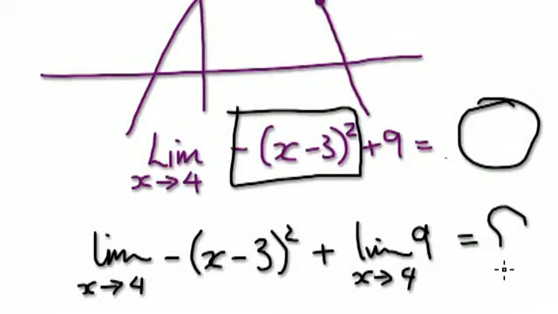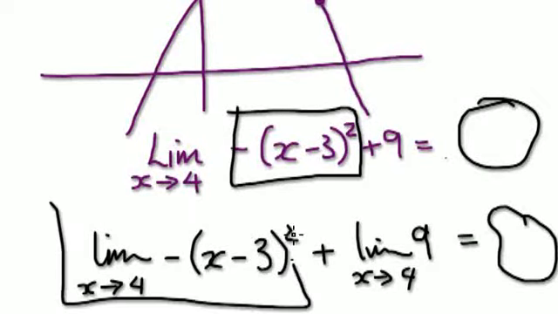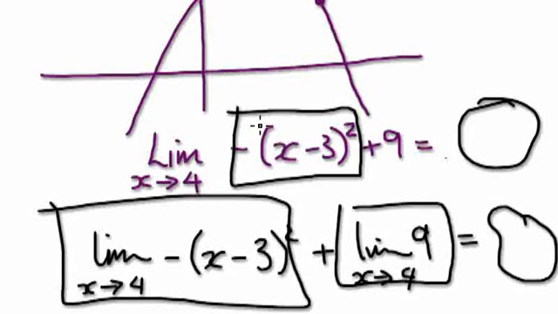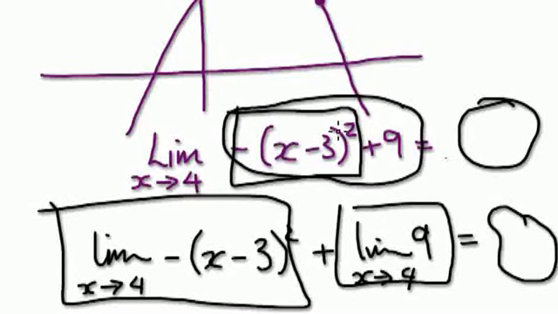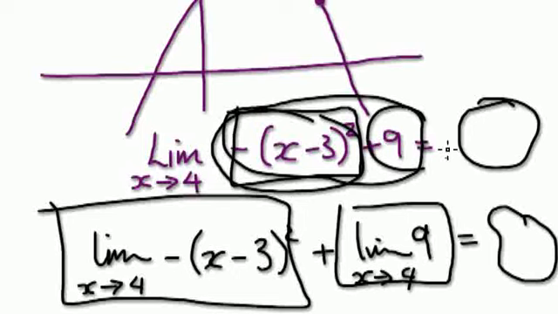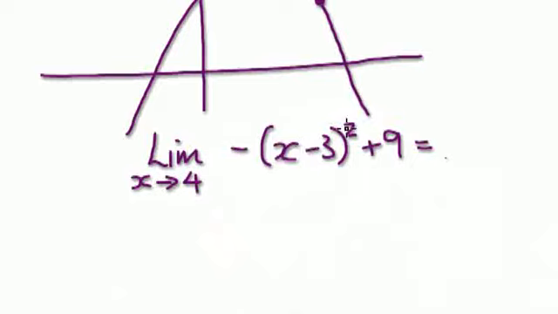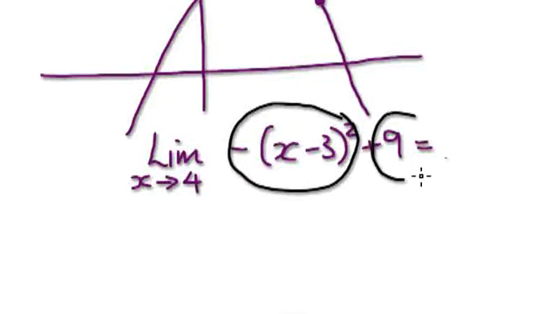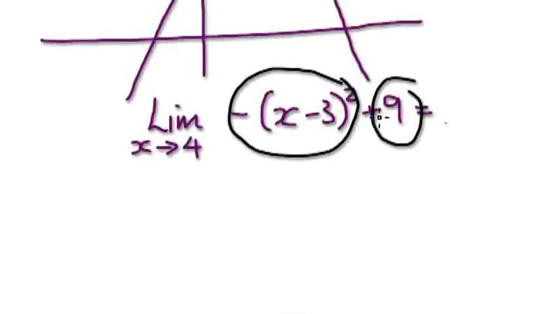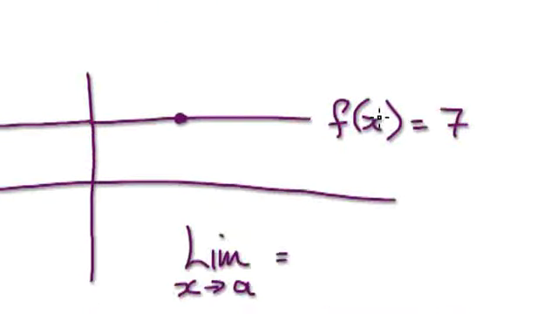Now this answer here will be the same as this answer here. Doesn't matter if you don't understand this bit, I'm just saying what you can do in the future. My point is that when you have a complicated function, you can break it up into two, and then take the limit of this part plus the limit of this part. Again, it doesn't matter if you don't understand it.